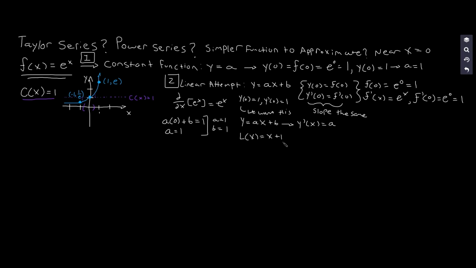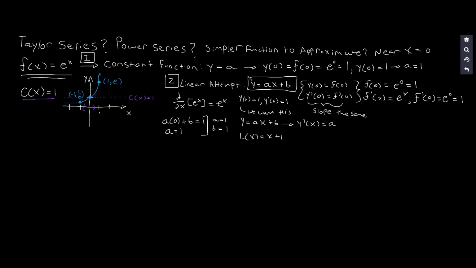Because if we look at slope intercept form right here, y equals ax plus b, and we plug everything in, we found that a equals 1, so it's 1 times x, which is x.